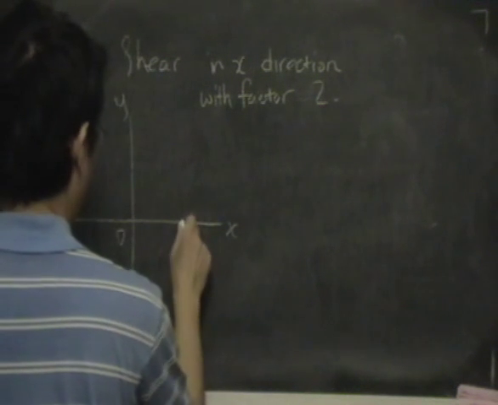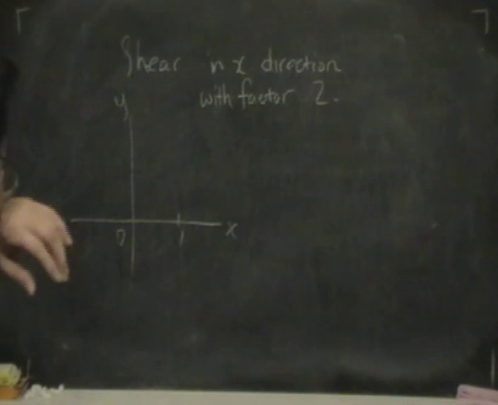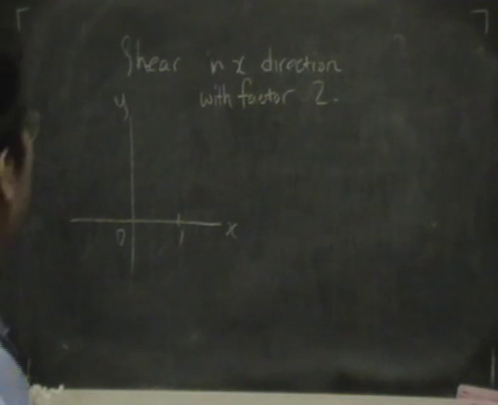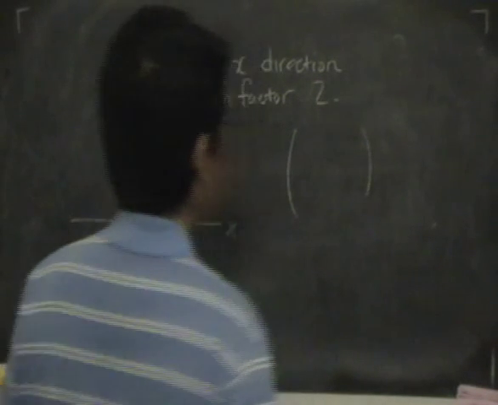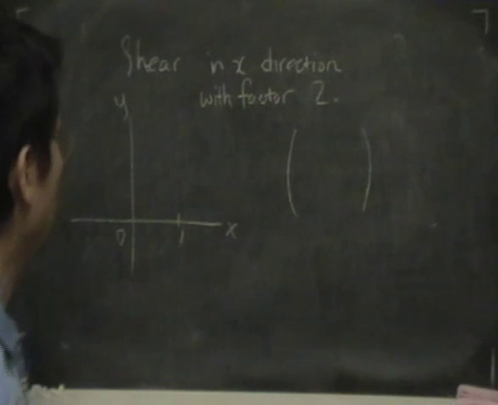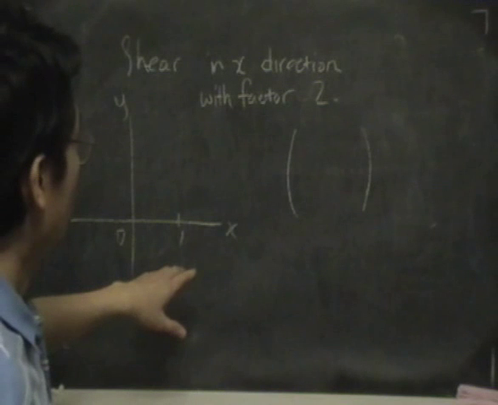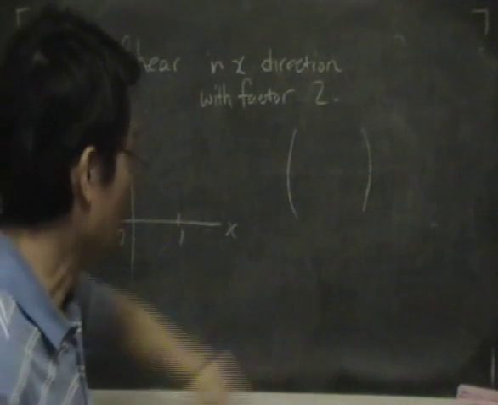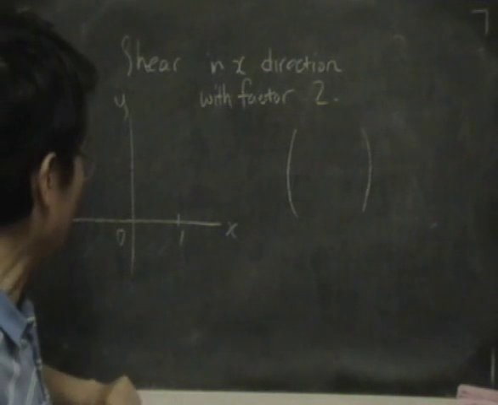Alright, let's start with the 1 on the x-axis. To find the shear matrix for this transformation, the first column is given by the image of this point, 1 on the x-axis.